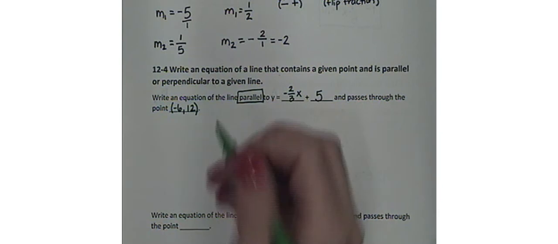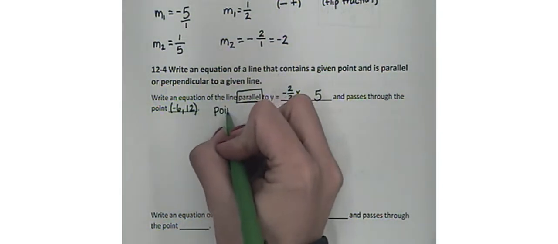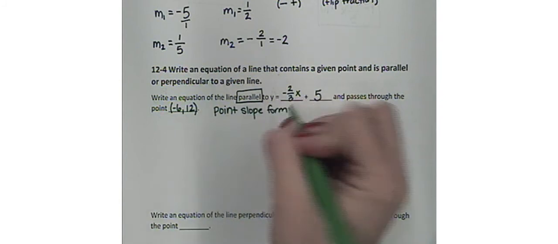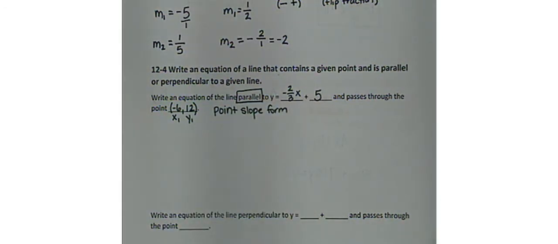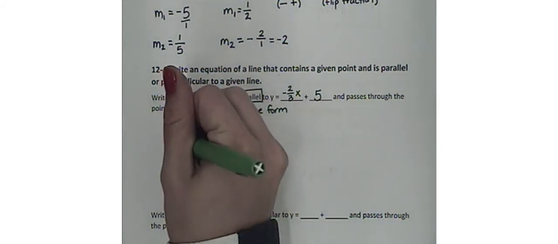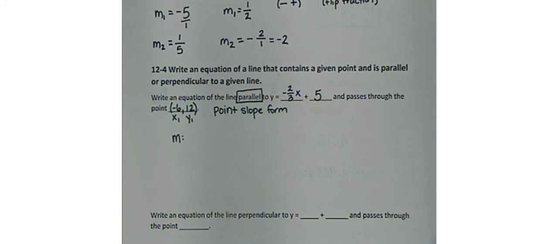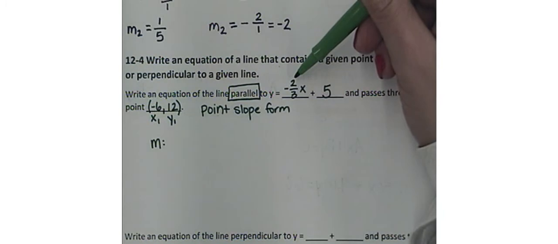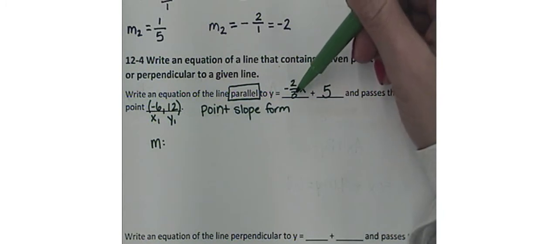I'm going to tell you that you're going to write this in point slope form because this is your point x1, y1. Can you tell me what your m or your slope is? What's the slope here of the line given? It's -2/3. For parallel, we have to be the exact same.